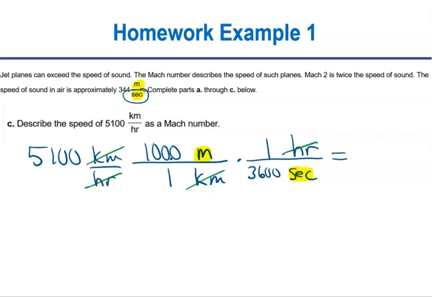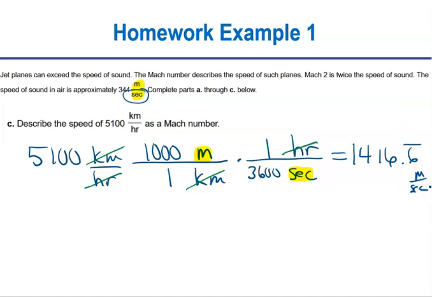It requires rounding, or you could write it as a fraction. So I've got 1,416, and then 6 repeating, which we know that's 2/3. If we needed to be exact, we'd do it. Now, we're not finished. And I didn't leave myself enough room, but that is meters per second.